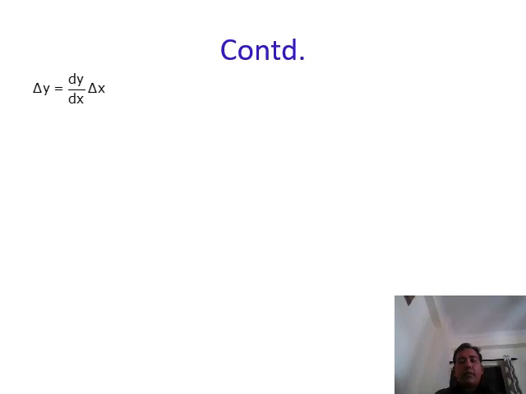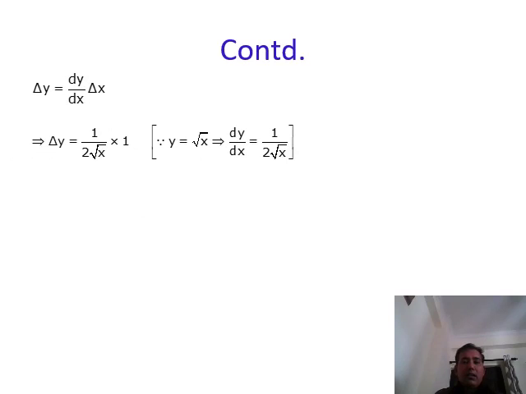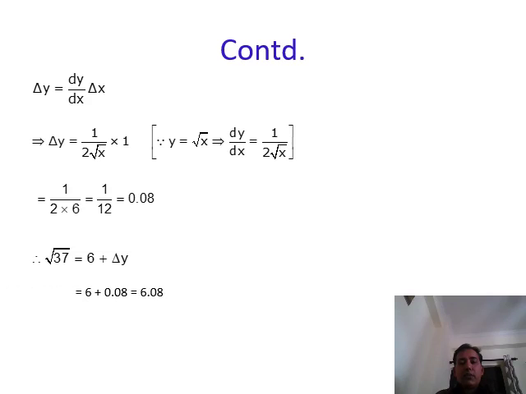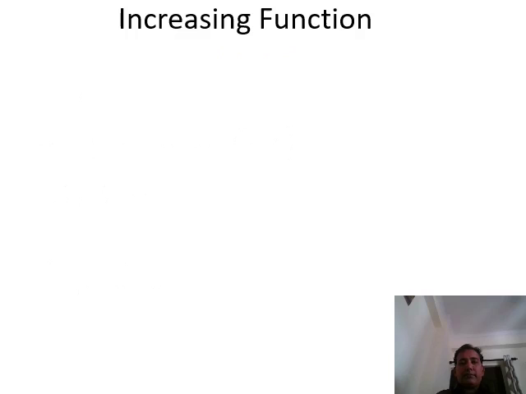Delta y is equal to dy upon dx into delta x. Therefore, dy upon dx is equal to 1 upon 2 root x into 1, which will be equal to 0.08. Therefore, root 37 is 6 plus delta y. It means 6 plus 0.08, which will be equal to 6.08.